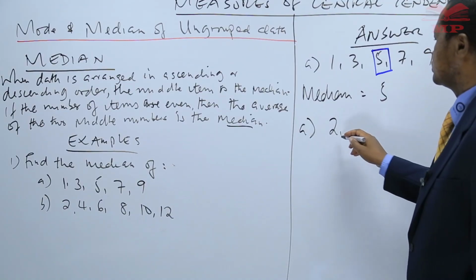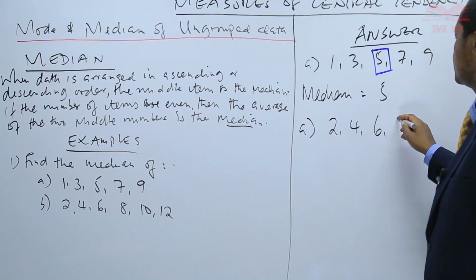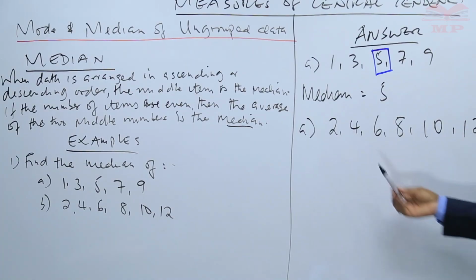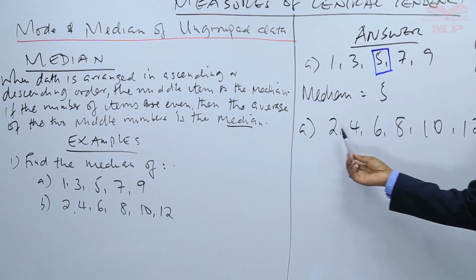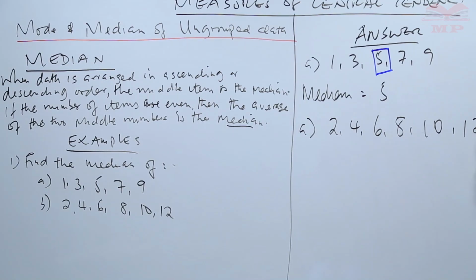How about B? The data is 2, 4, 6, 8, 10, and 12. If you count these values, you get an even number: 1, 2, 3, 4, 5, 6. 6 is an even number.